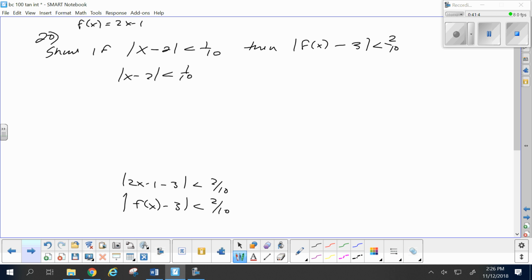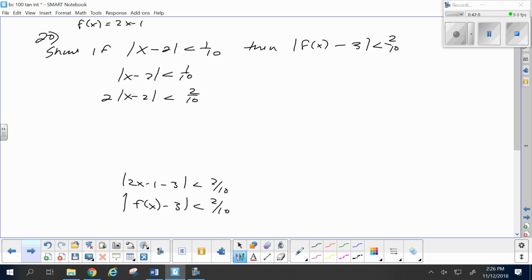All right, so looking at both sides, I want this to be 2x, not x, and I want that to be 2/10, not 1/10, so it seems logical to multiply both sides by 2. Some of this is going to be rules of absolute value.